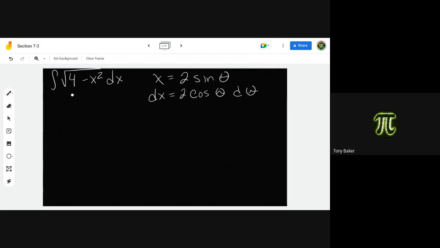We take this integral, and now I have the square root of 4 minus 2 sine theta squared times 2 cosine theta d theta.